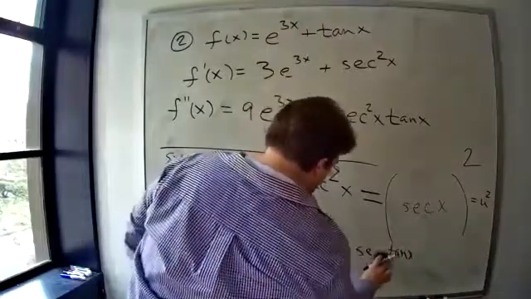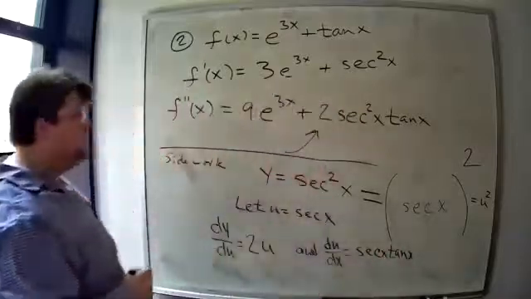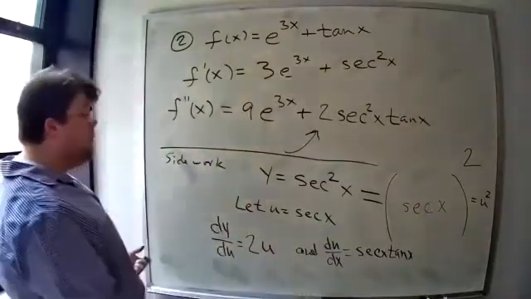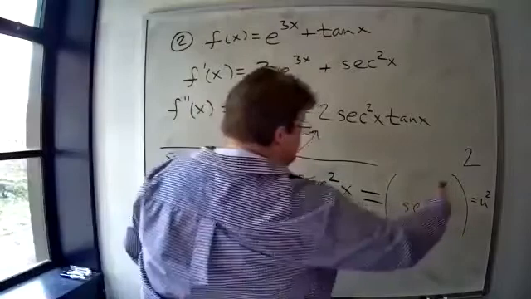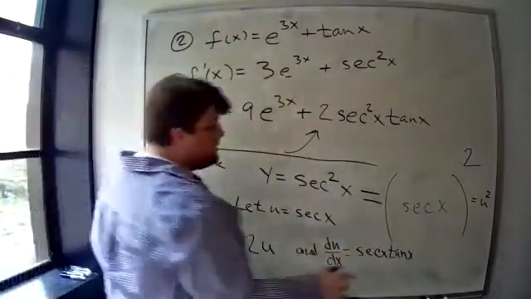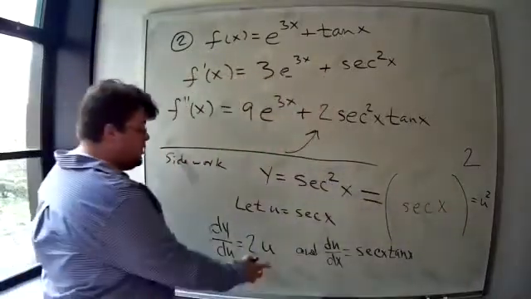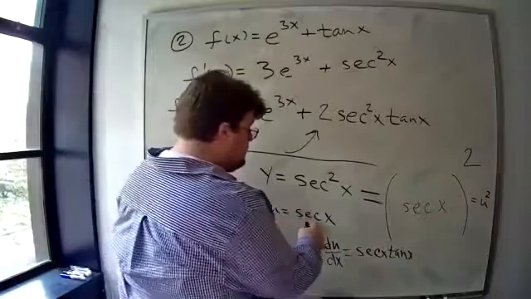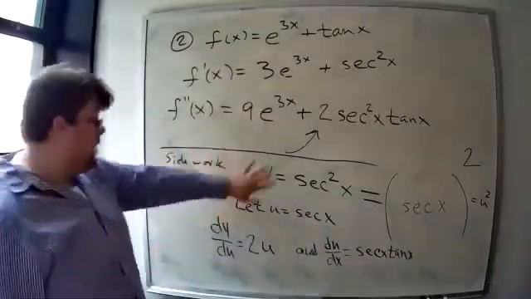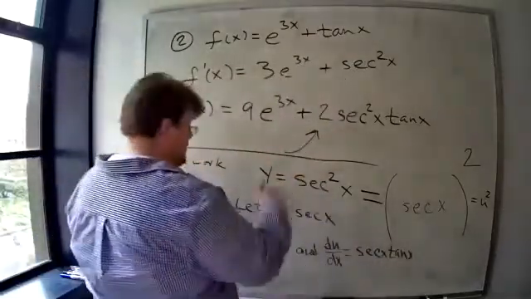Sometimes my lowercase c's look like lowercase e's. So we have a square function. We let u be the inside of the square function. dy du is 2u. du dx, derivative of secant x is secant x tangent x. So the derivative of secant squared x is 2u times secant x tangent x.